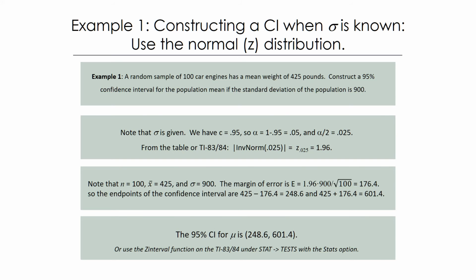So the 95% confidence interval for mu is the interval from 248.6 to 601.4, which we give here in interval notation with parentheses around the numbers and a comma between them. We could also find this interval using the z-interval function on the TI-83/84 calculator under stat and then tests, and use the stats option.